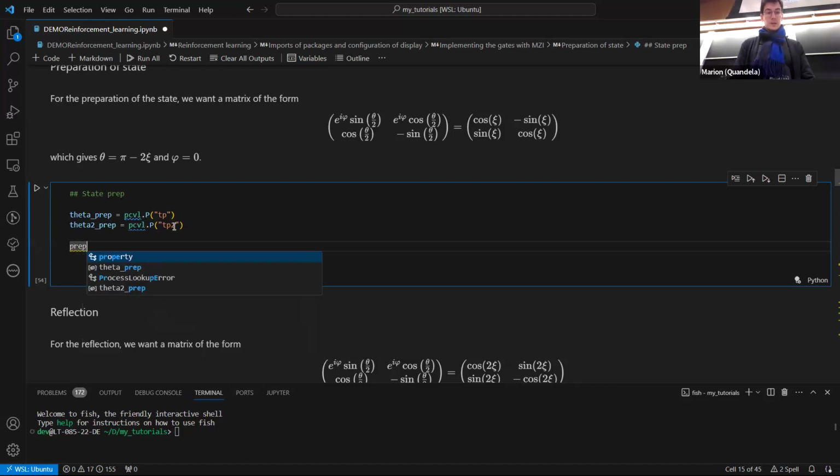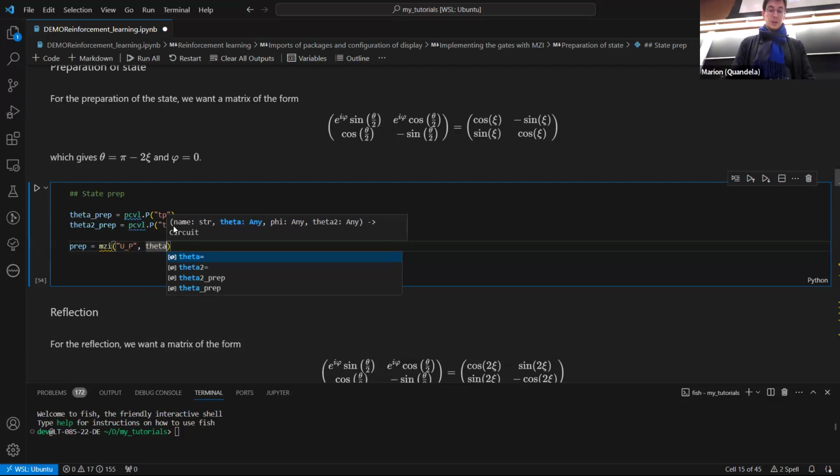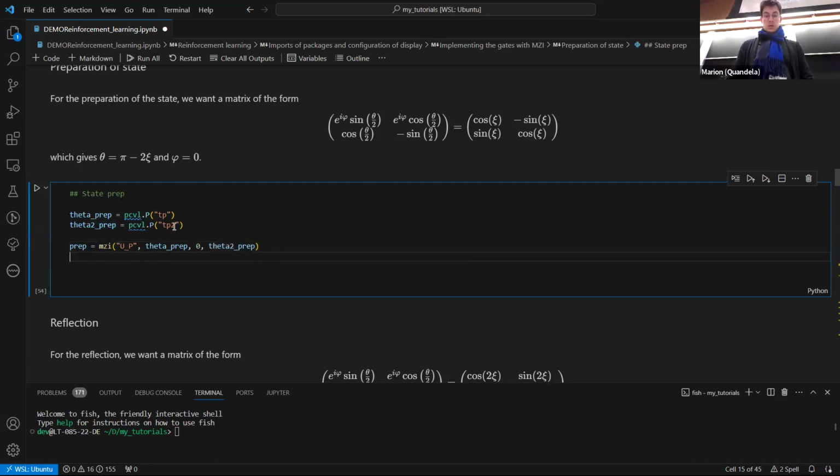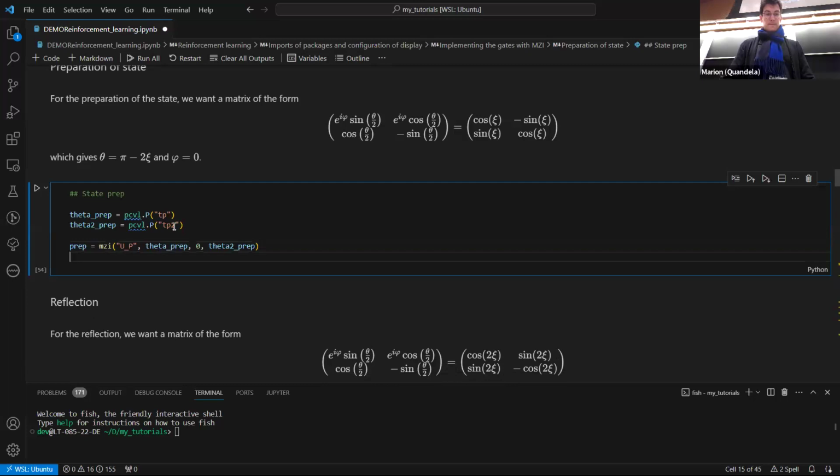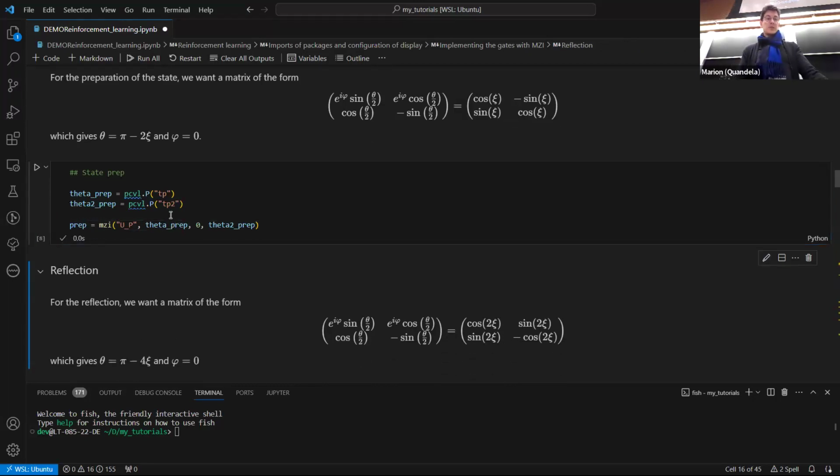What I can do is just define a preparation that is going to be an MZI. The first angle is theta preparation. The second angle is phi, but phi is 0. And the third angle is theta 2 prep. So this is for the preparation.